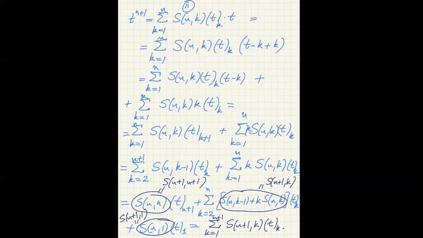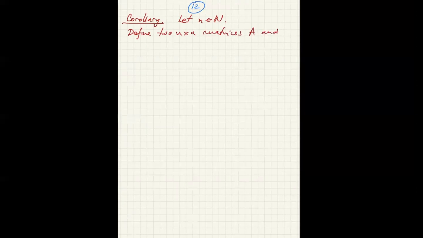So that's very nice. Let me give you one last thing that relates the Stirling number of first kind to the ones of the second kind. So this is a corollary of these results. And let's say we have n, a natural number, and we define two n by n matrices, A and B, as follows.